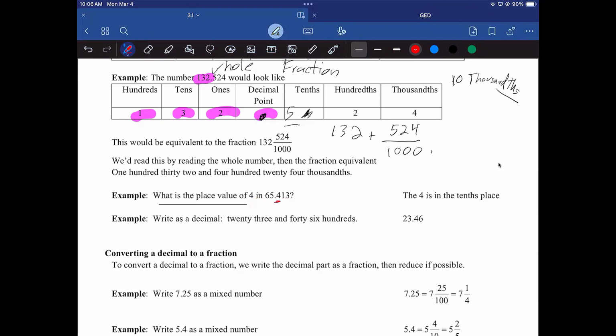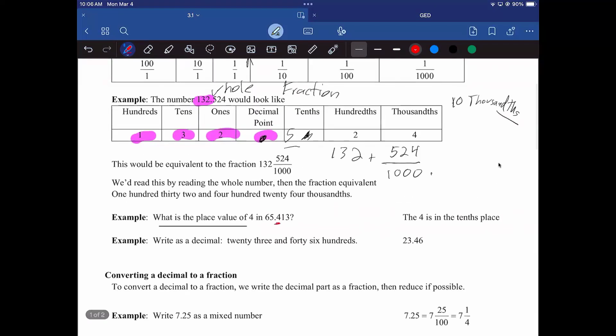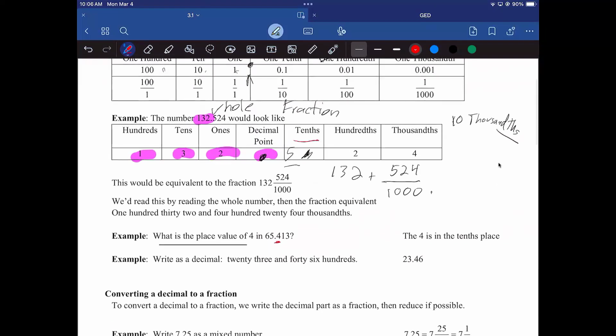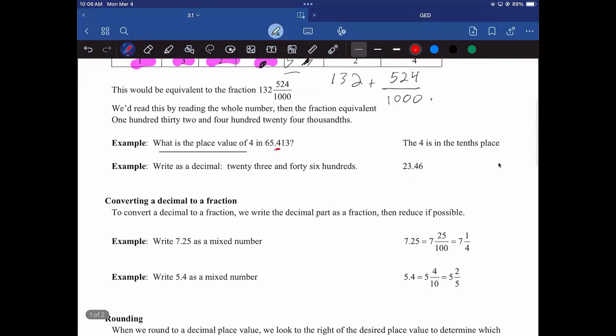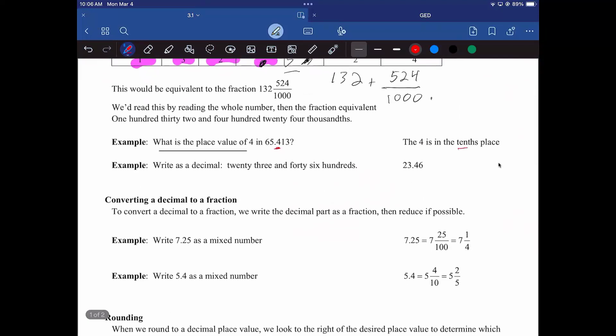Now, there is no once. It's only tenths. We have no once. So notice up here, it starts at tenths. So don't make that mistake. Don't think there's a once. There's no such animal. We haven't defined that. So with that in mind, the 4 is in the tenths place.